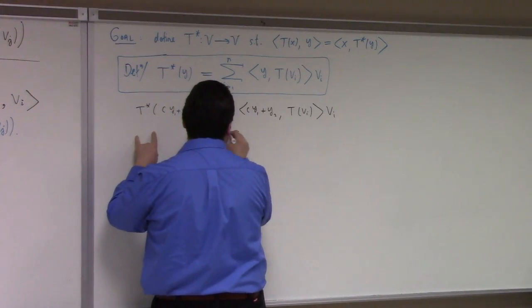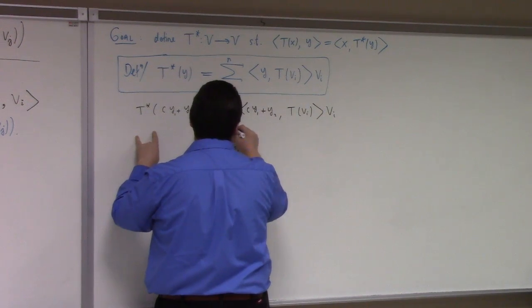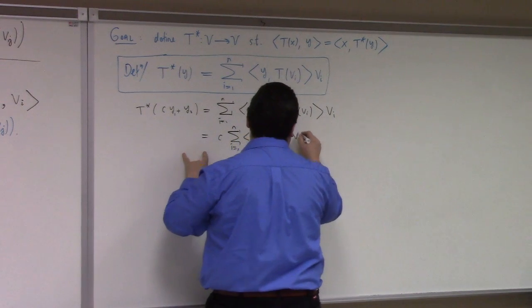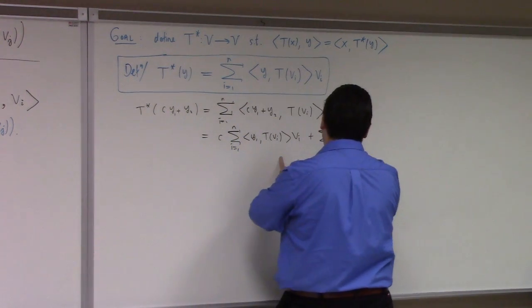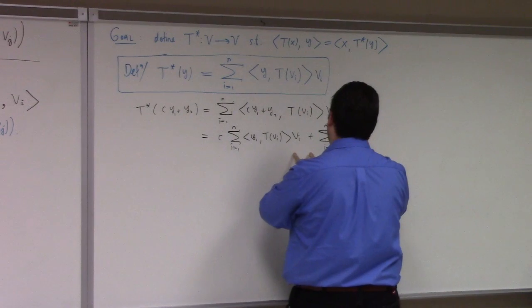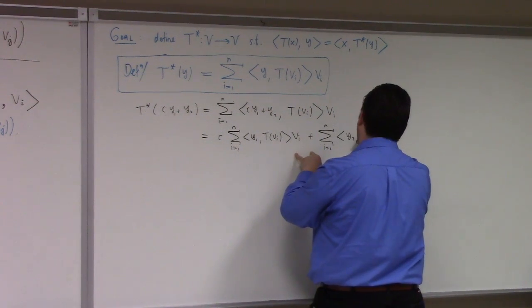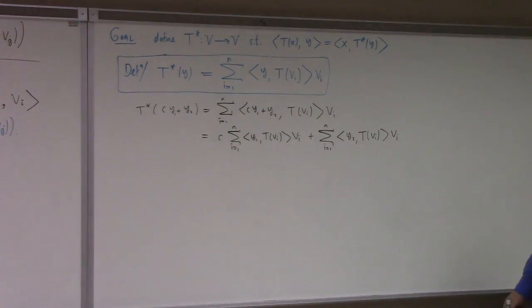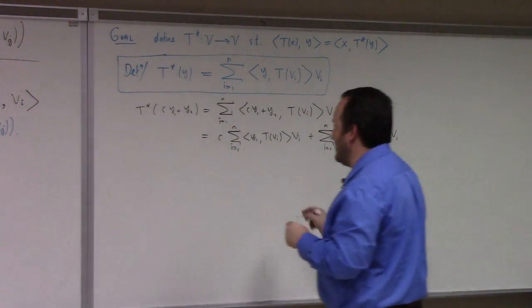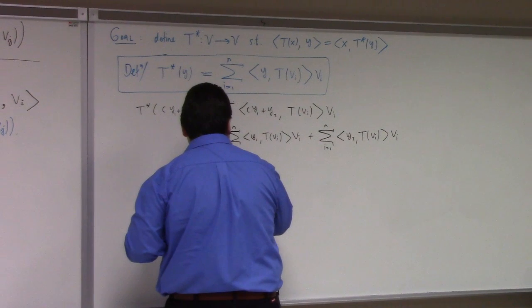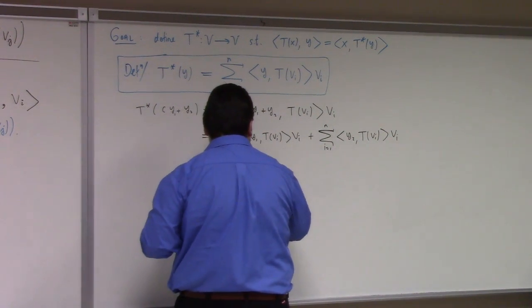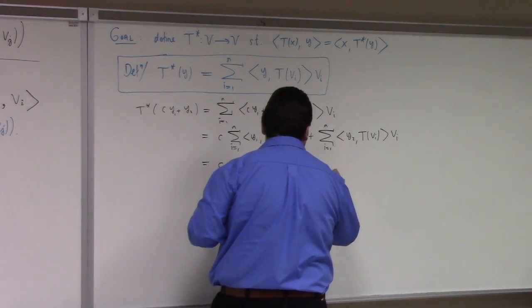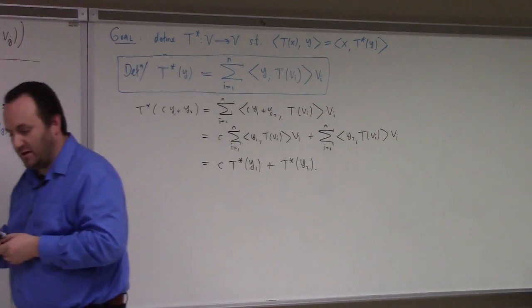We can pull the c out of the finite sum. We can break up the finite sum into two finite sums. And of course, that's c T star of y1 plus T star of y2. So there you go. My alleged adjoint is linear, at least, on V.